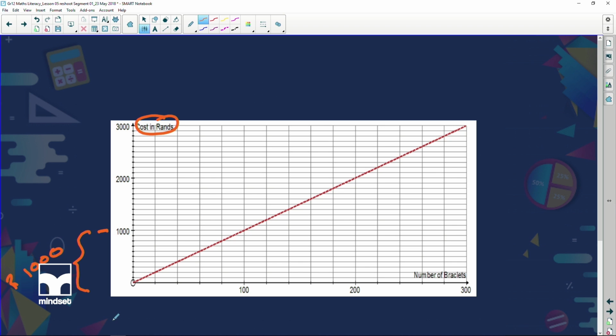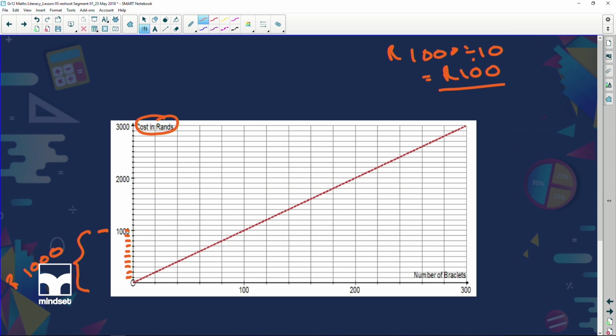But let's count how many little blocks there are. So I've got 1, 2, 3, 4, 5, 6, 7, 8, 9, 10 little blocks. So let's have a look here. If I've got 1,000 Rand and I divide it by 10, I'm going to land up with 100 Rand.